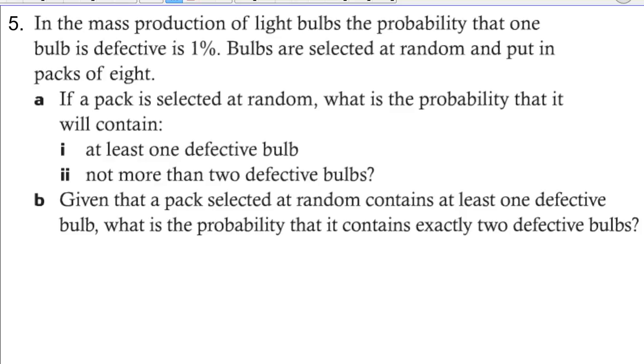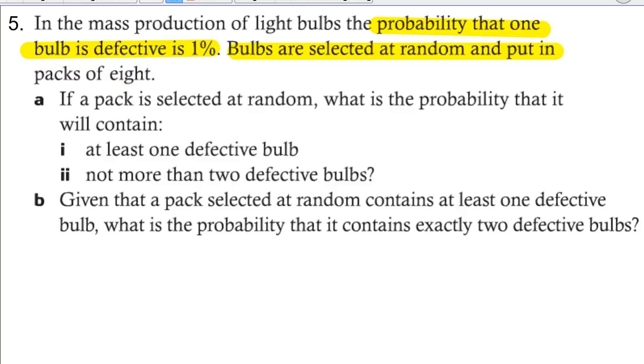Number 5. In the mass production of light bulbs, the probability that one bulb is defective is 1%. Bulbs are selected. Let me just highlight a few things here. So probability that one bulb is defective is 1%. That's very important. Bulbs are selected at random and put in packs of 8.